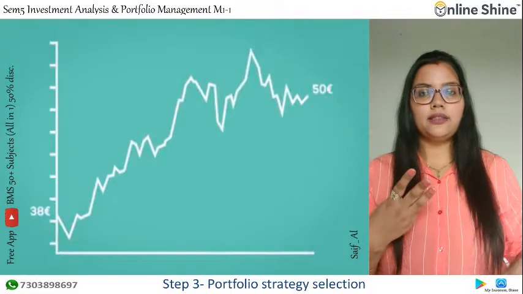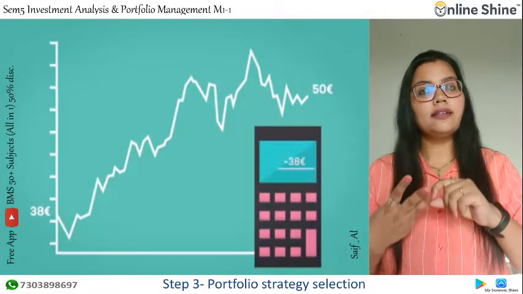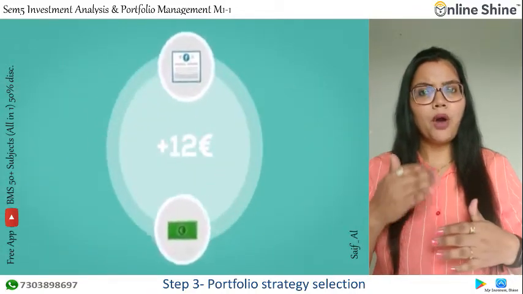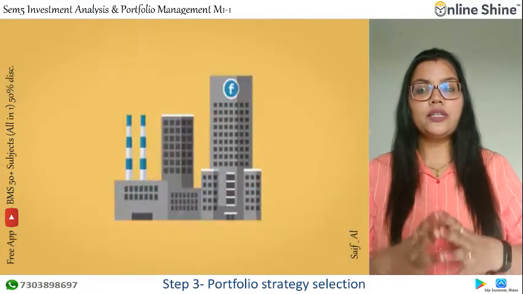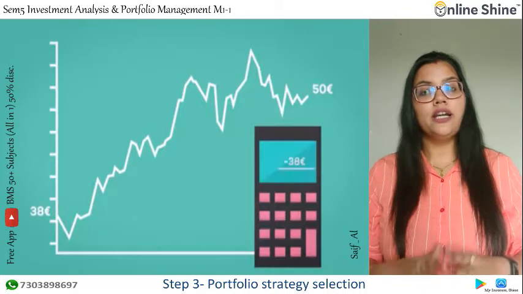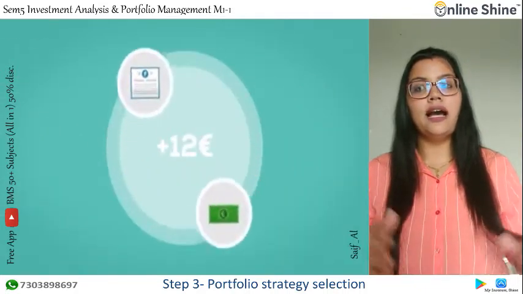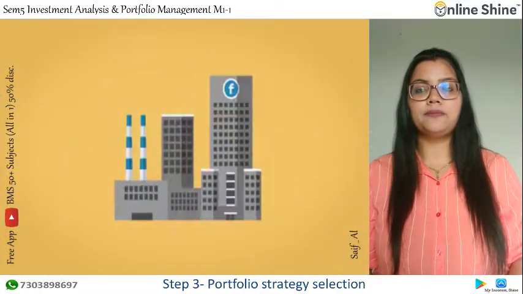Now step 3. Step 3 is portfolio strategy selection. It is the third step in the investment process, to select proper strategy of portfolio creation. Choosing the right strategy for portfolio creation is very important, as it forms the basis of selecting the assets that will be added in the portfolio management process.